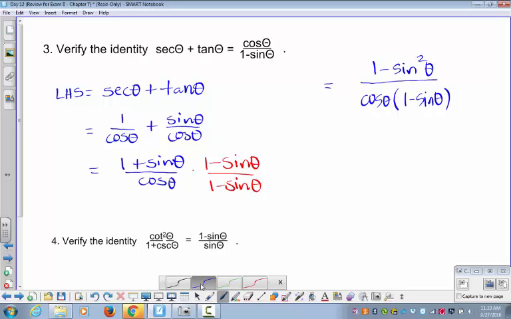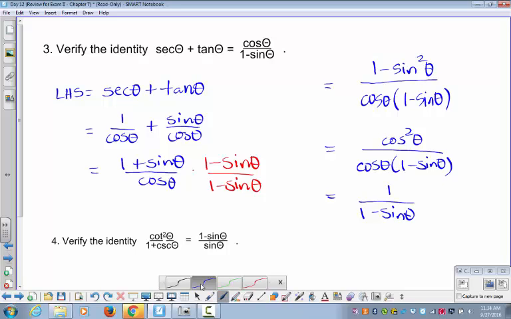So that numerator is the same as the last problem. We had 1 plus sine times 1 minus sine. When you FOIL that together, the inner and the outer cancel to no middle term. All right, what's 1 minus sine squared? Yes, cosine squared. Want to be able to recognize that instantly. And then 1 factor of cosine cancels.